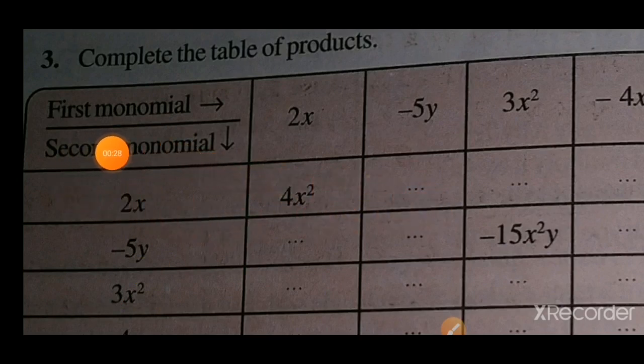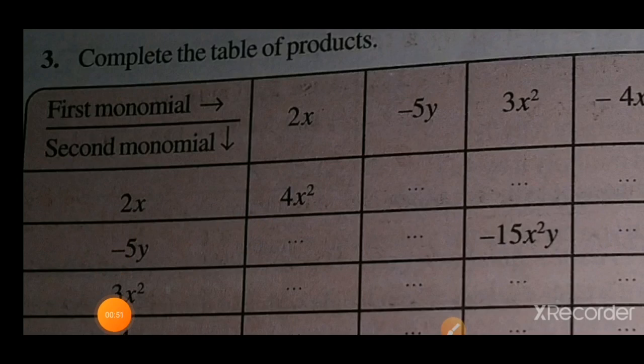One is already solved for us, that is 2x multiplied by 2x, so 2 2s are 4, and x into x is having the power 1 and power 1. In the case of product, powers are added, so it is x raised to the power 1 plus 1, that is x raised to the power 2. So the answer is 4x square.